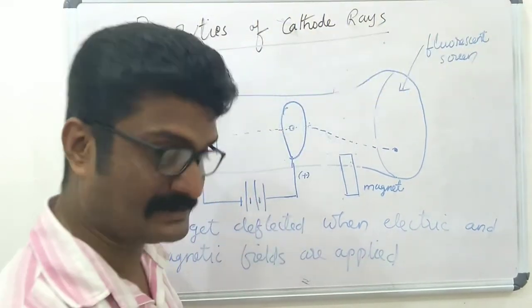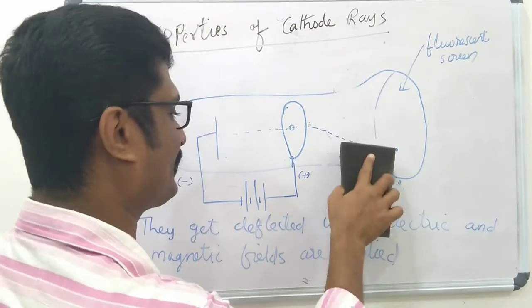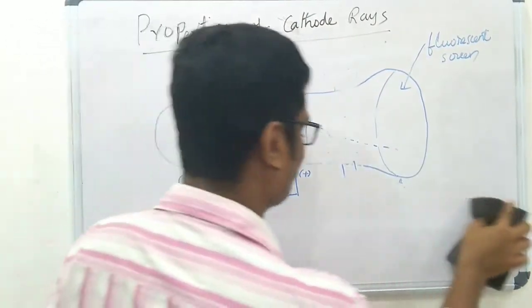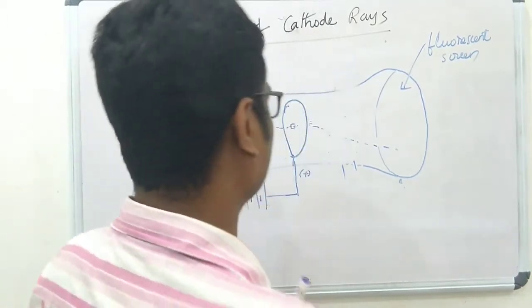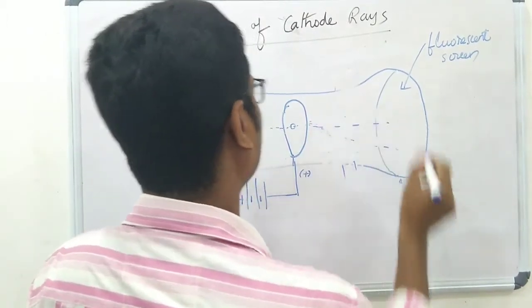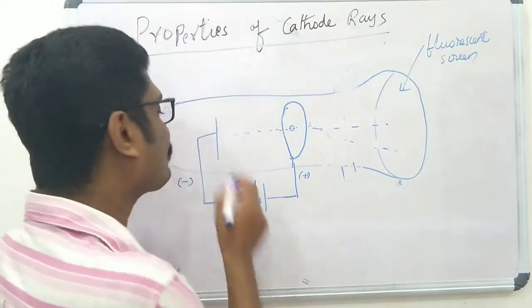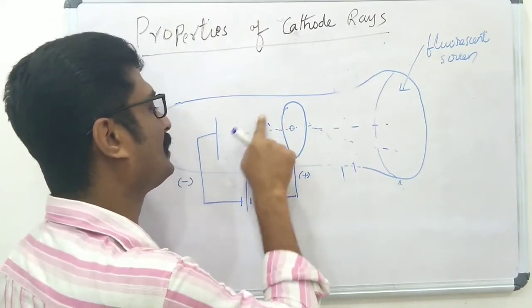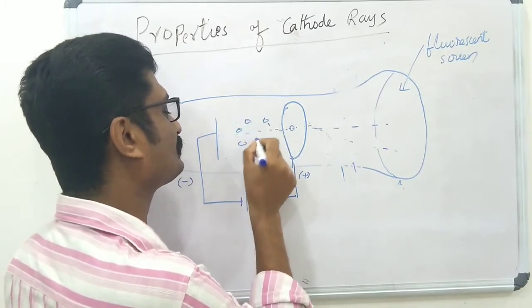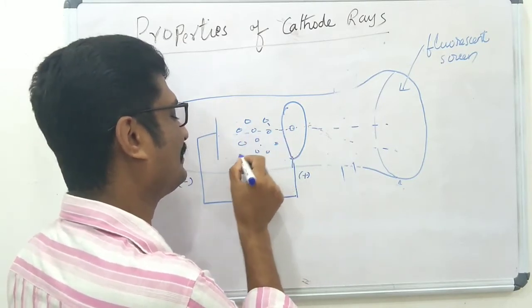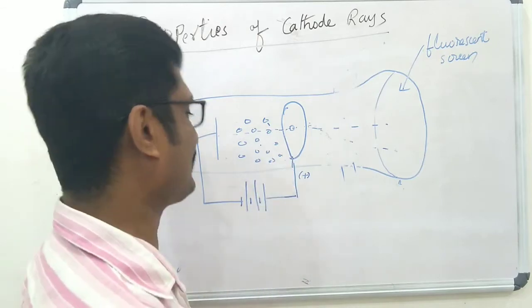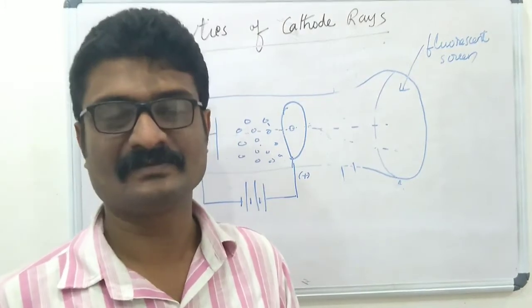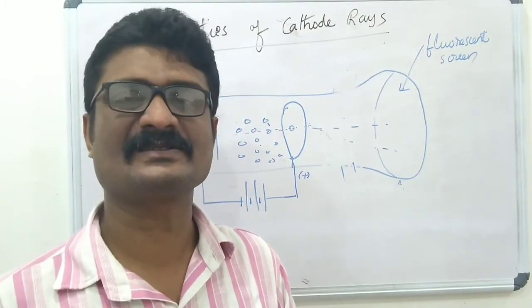Then the next property, please listen here. When cathode rays pass through gases, we can observe that cathode rays ionize the gases.